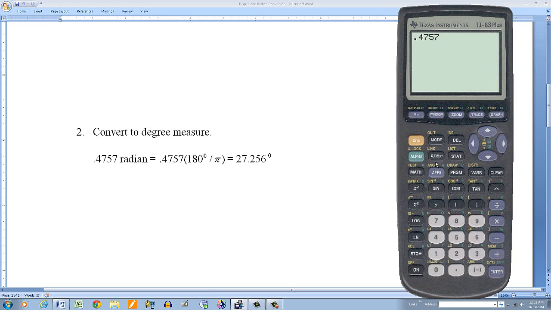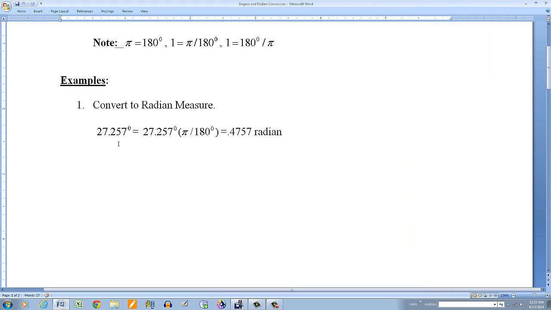So go to second, angle, and this little r here represents number 3, that's radian, so I hit 3 here. So this is in radians, and I have the calculator set to degrees. If I hit enter, it gives me the answer in degrees. So this would be 27.256 if you round to 3 places. And again, there's a little bit of error because of the rounding off from the 27.257.